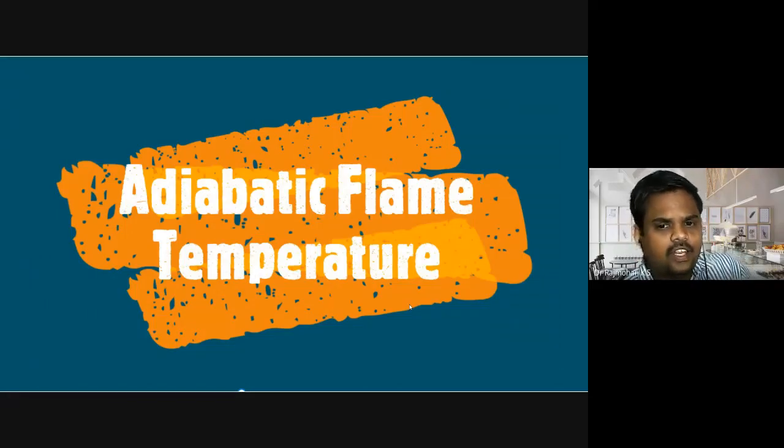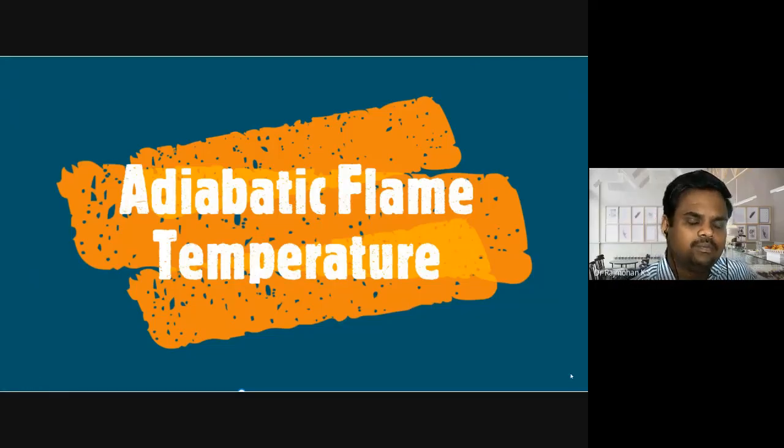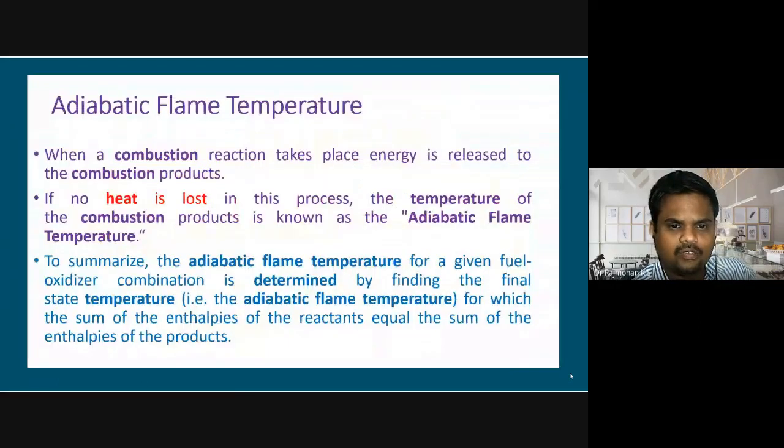That's why only three heats are involved: enthalpy of the reactants, enthalpy of the products, and the heat of the reaction. These three terms constitute our final expression to determine the unknown parameter like adiabatic flame temperature. Or if adiabatic flame temperature is given, we should be able to calculate the excess air percentage. So such types of numericals we can solve.